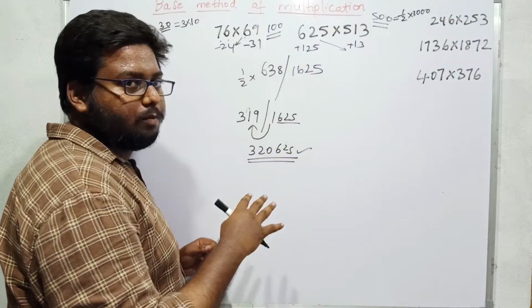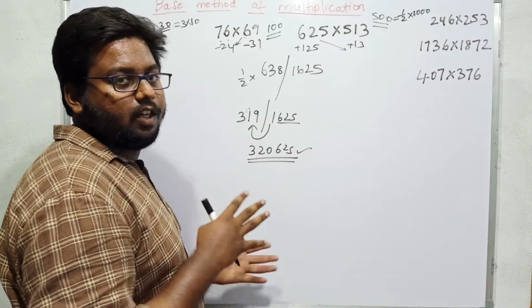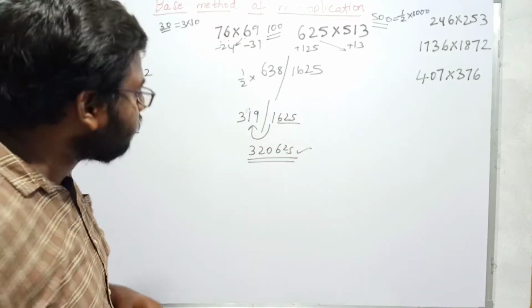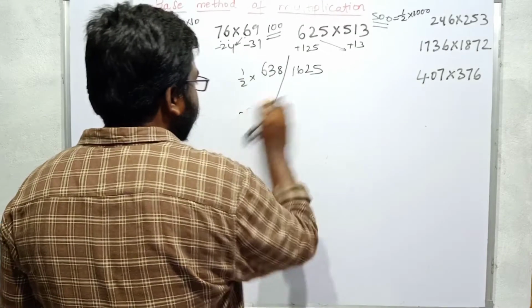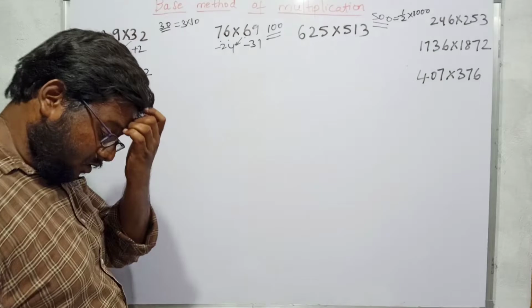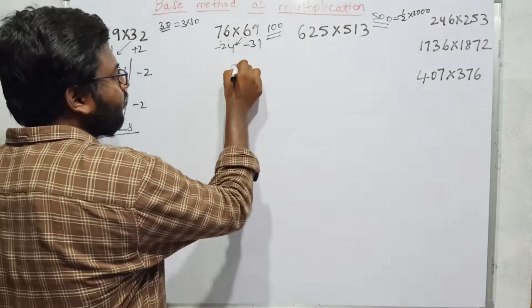So 32 beside 4 zeros plus 625, 320625. This will be the result. Although we don't need that, because we are doing the base method only now, so we will practice this only using the base method.